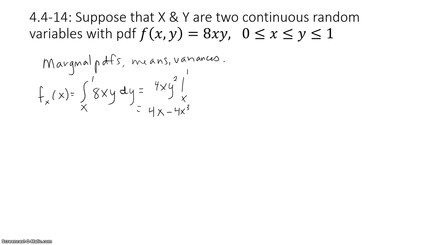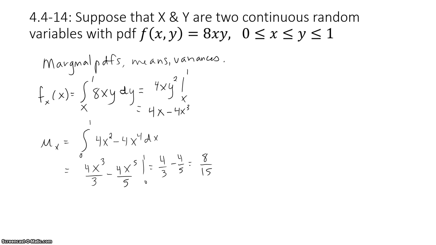So I can calculate the marginal distribution of x, f of x, by integrating over all the possible values of y, and y can go from x up to 1, our PDF 8xy dy. And that gives me the marginal distribution, f sub x, of 4x minus 4x cubed.